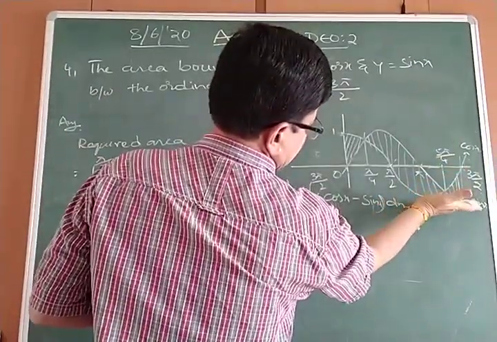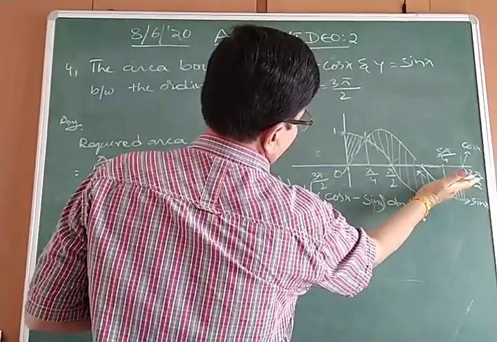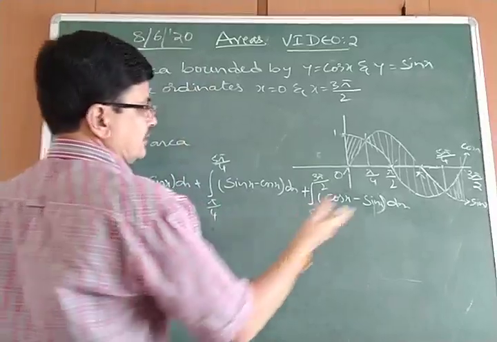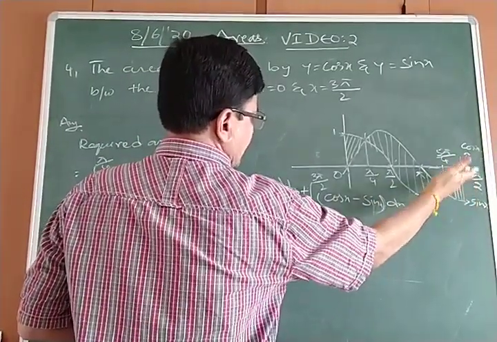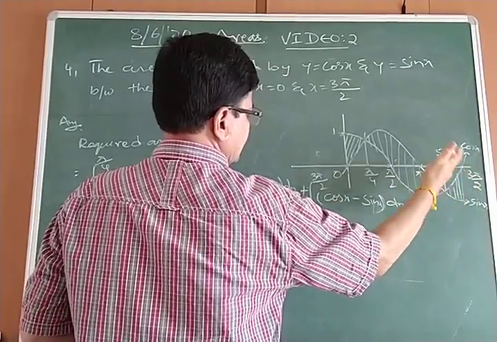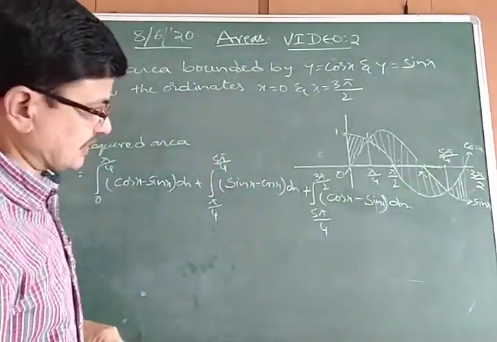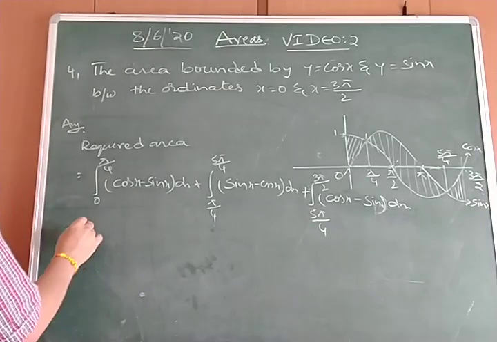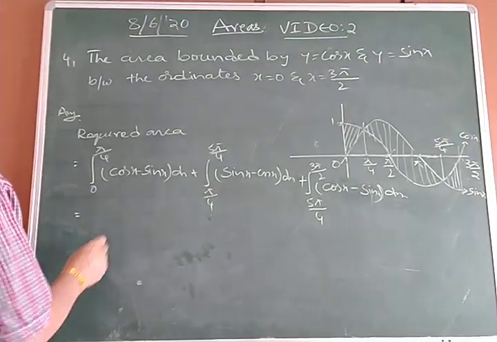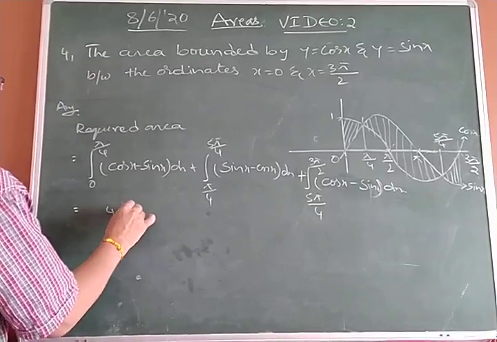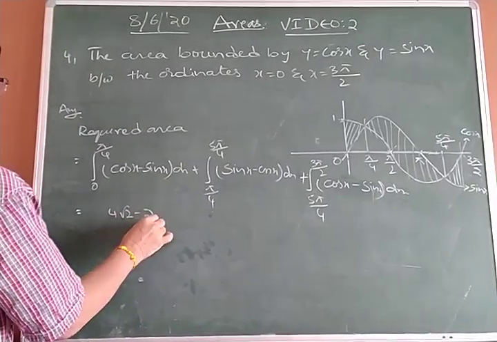From the x-axis, sin x is upper and the lower is the nearer value. Nearer to the x-axis is cos x and the longest distance is sin x. So that's why we take it like this. So the answer is 4 root 2 minus 2.